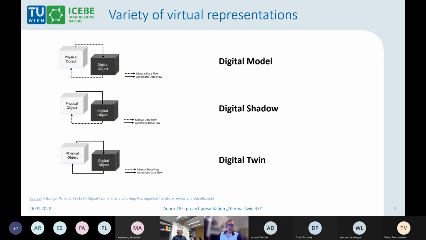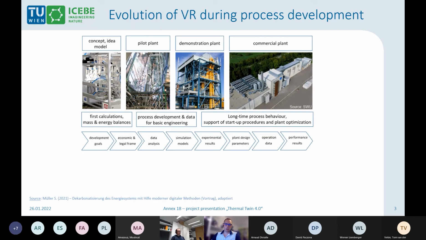and much more. So the main idea for digital twinning is to evolve virtual representations together with the experimental facility along the life cycle. For us, it's important that the virtual representation's intelligence also increases with the process itself, along the whole life cycle from lab scale to commercial scale.